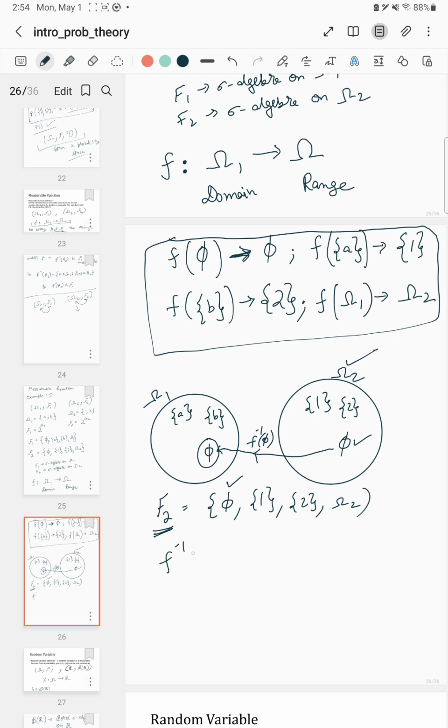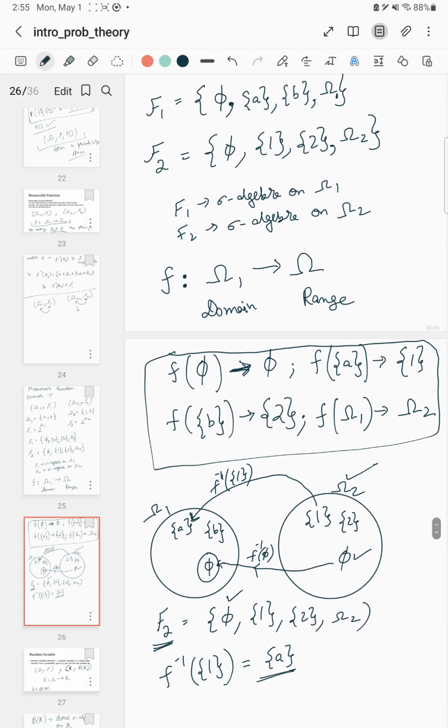So let's take this f inverse of 1. What would this be? The f inverse of 1 would be the set A. So f inverse of 1 would point towards the set A, and this is the set A. And does the set A belong to F1?